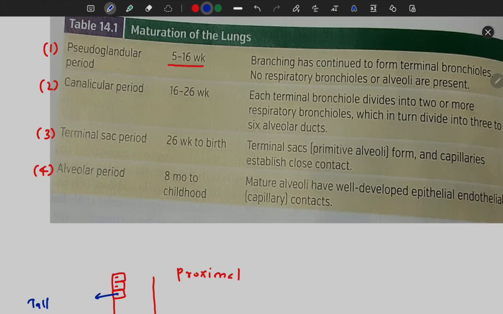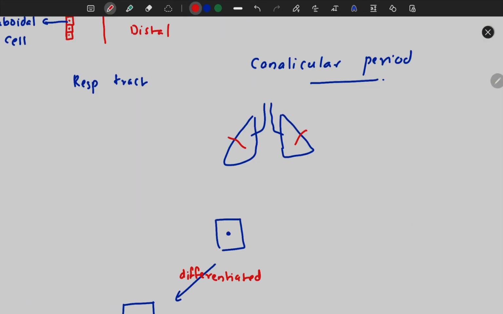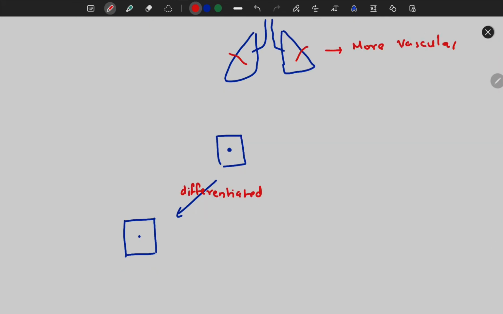So the second stage is the canalicular period, which extends from 16 to 26 weeks. In the canalicular period, the lungs become more vascular, and in this stage there will be the differentiation of cells into type 1 pneumocyte, and the cells which do not get differentiated become the type 2 pneumocyte.